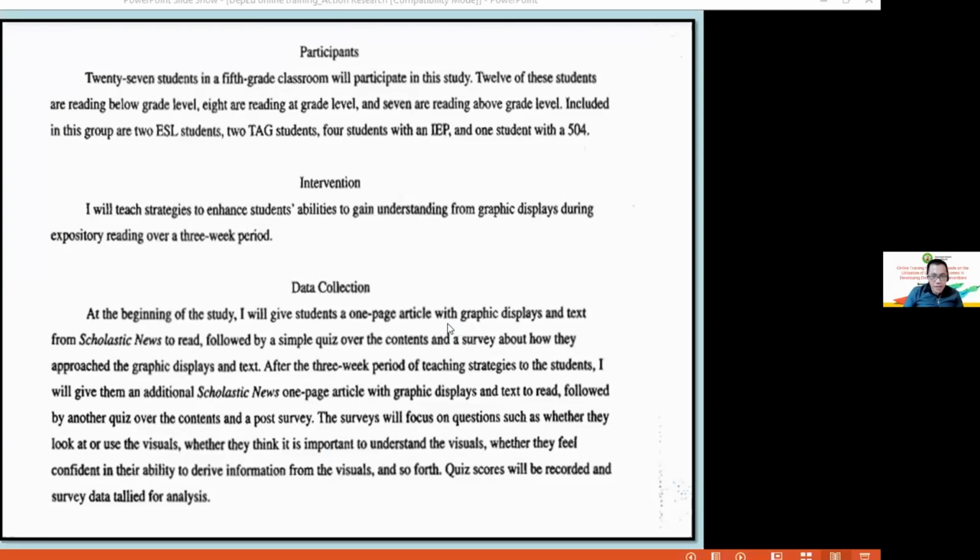The surveys will focus on questions such as whether they look at or use the visuals, whether they think it is important to understand the visuals, whether they feel confident in their ability to derive information from the visuals, and so forth. And that the quiz scores will be recorded and survey data tallied for analysis. So yun, that's how you are going to state it in this part, sa data collection.